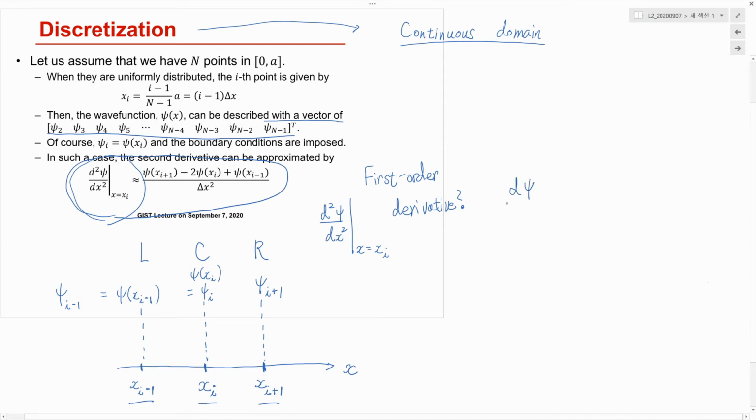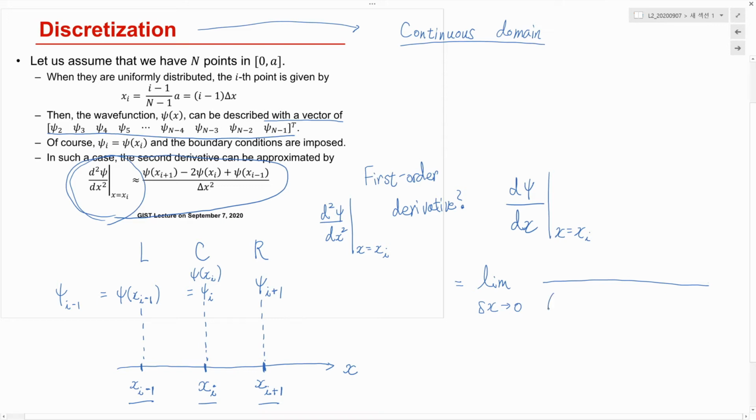If we define the first derivative at x equal to xi, how do you define it? In this case, you introduce a small number like delta x, which eventually goes to 0, and consider the ratio between small differences in the function to small differences in the independent variable x.